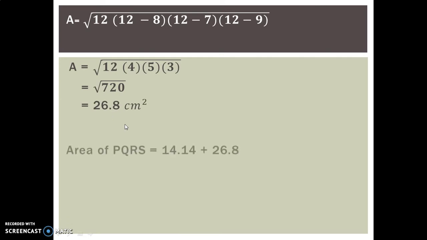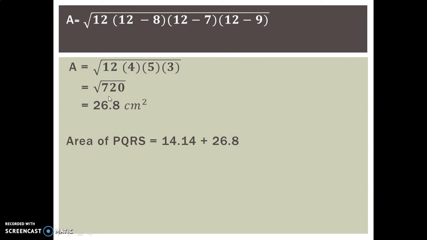So this is your area for the second triangle PRS. Now you will add both the areas to find the area of quadrilateral PQRS, that is 14.14 plus 26.8. The answer is 40.94 centimeters square, and this is your final answer, the area of quadrilateral PQRS.